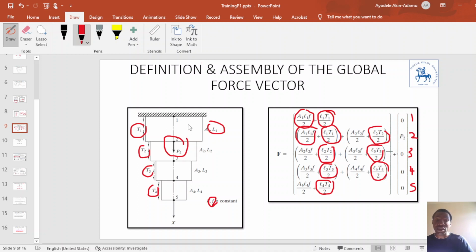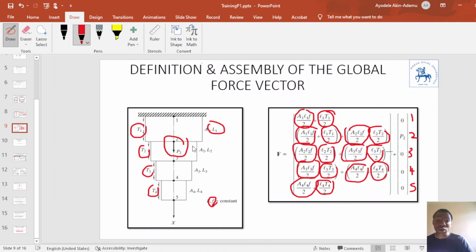The same thing is done for element 2, element 3, and element 4. You can see A2 L2 F divided by 2, A2 L2 F divided by 2 for element 2, and likewise for elements 3 and 4.